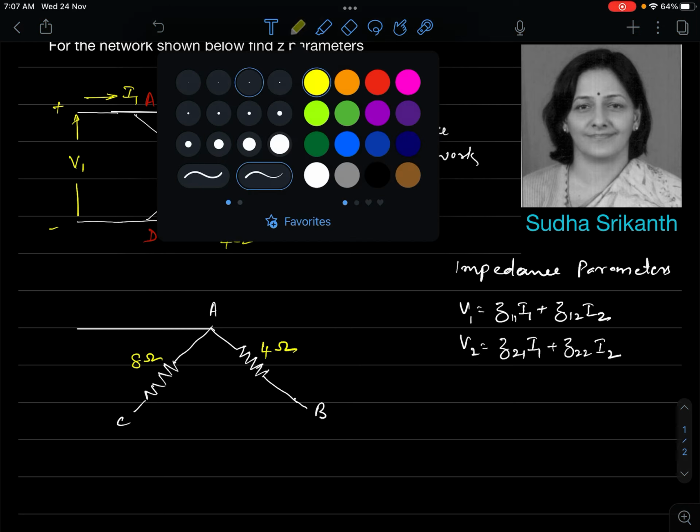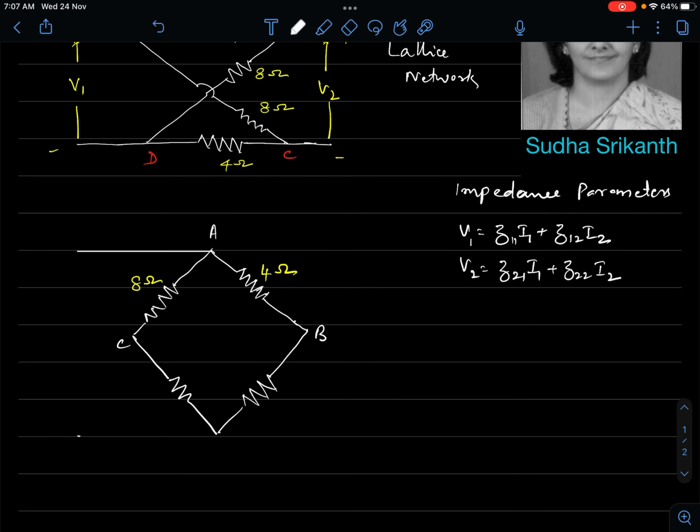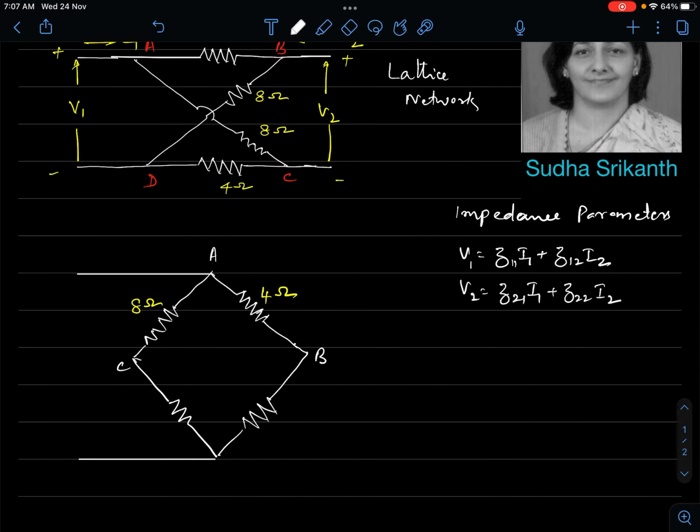From C to D, and from B to D, we have two resistors again. Okay, and I'll get here. And my C and D like this.